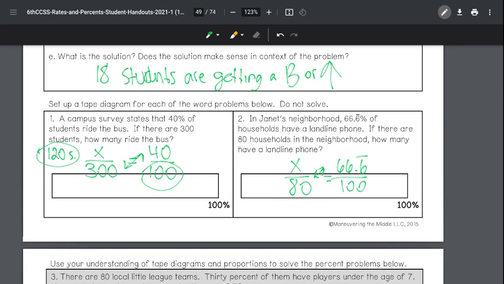So we cross multiply and divide. 66.6 times 80 divided by 100. I get 53.328. So we're going to keep our whole number and say that about 53 houses have a landline phone.